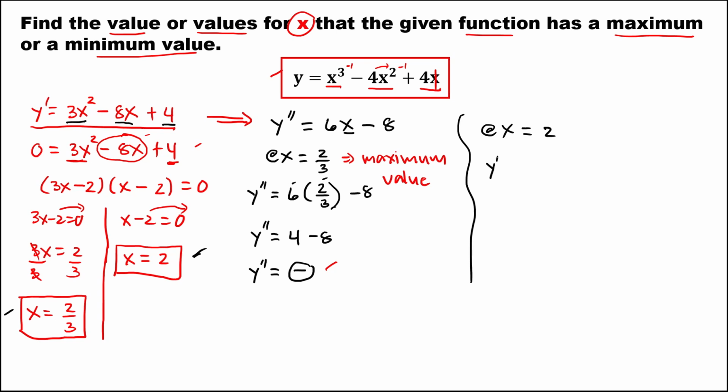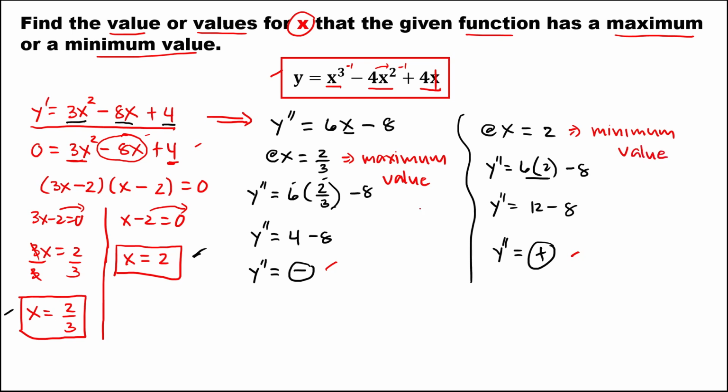From the second derivative, this is 6 times 2, then minus 8. So y double prime equals 12 minus 8. So the second derivative is equal to positive 4. Since the second derivative is positive, therefore this value for x is the minimum value.